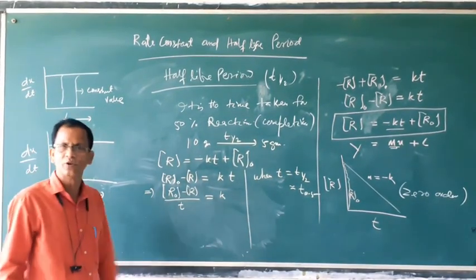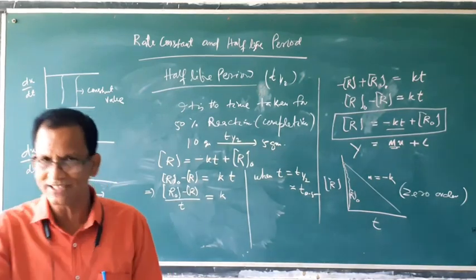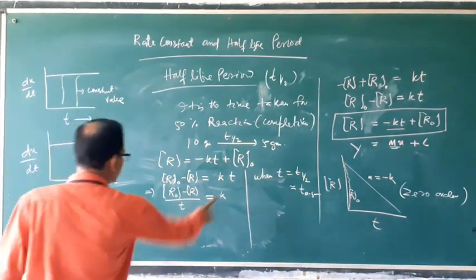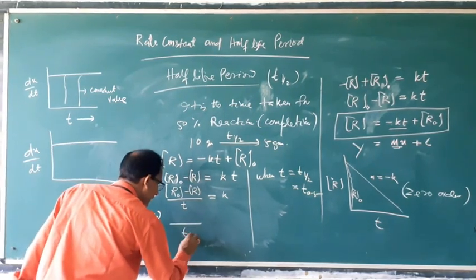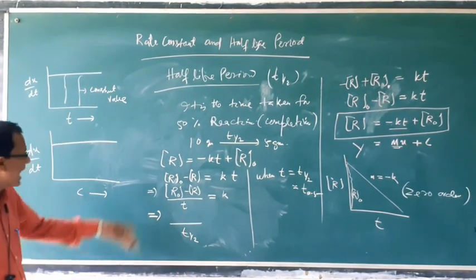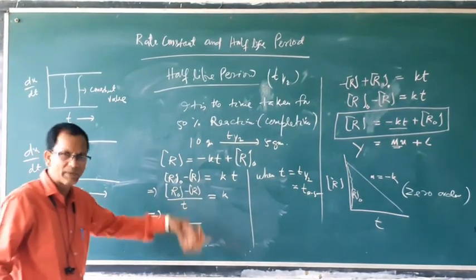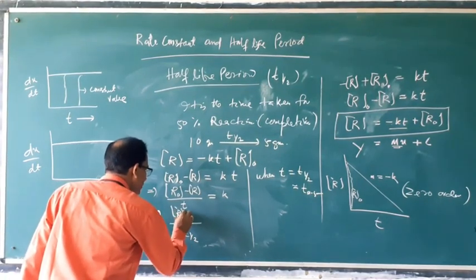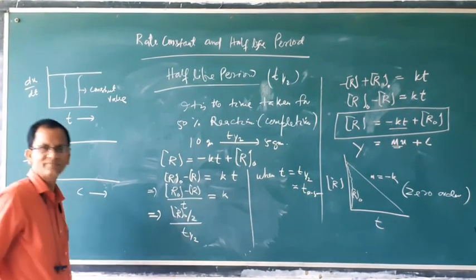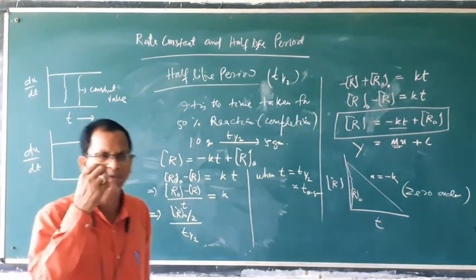Initial mass is R0 and mass left is R. So when T is T-half, R0 minus R, the initial value minus the final value, will be R0 by 2, because the initial value minus the final value always becomes half.